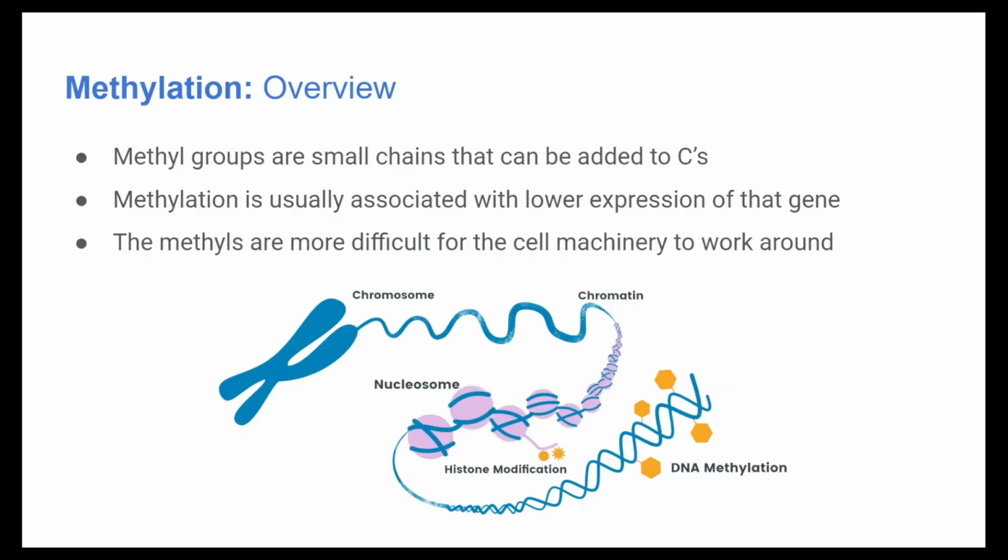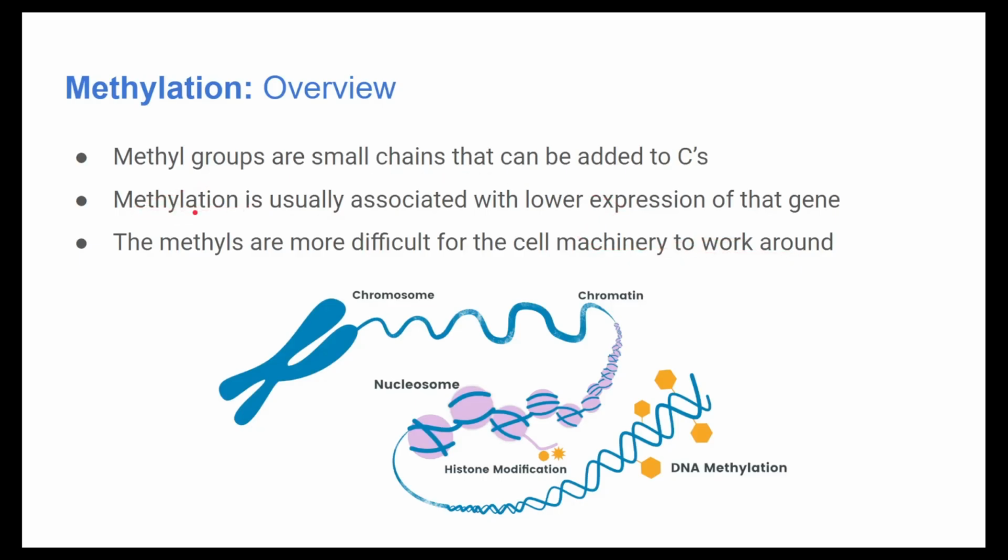This is the start of our epigenetics. Methyl groups, which is CH3, are small molecules that are added to C's that are next to G's, CG islands. If you put a methyl group on a C, that is going to chemically change it ever so slightly. And if you do that to enough C's, you are actually going to make it difficult for the cell machinery to kind of work around all of this methylation.